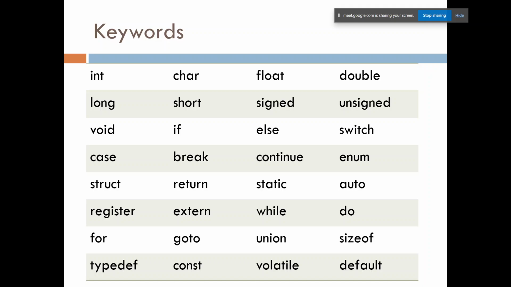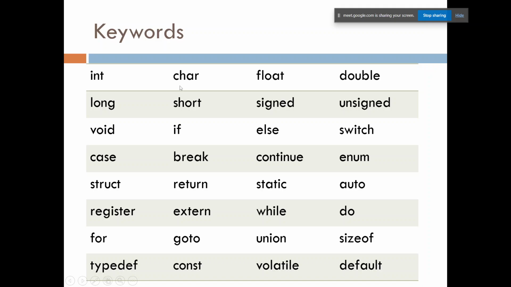Okay, you can see here, there are a total of 32 keywords in C language, out of which you can see all of them. int is a keyword which represents integer, and char is used for representing characters. If you want to store a single character, like a, b, c, only one character, then we go for char.